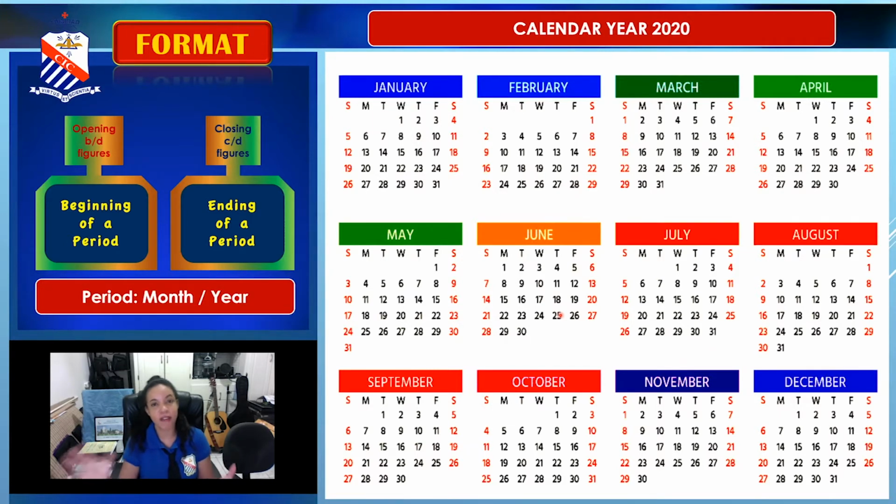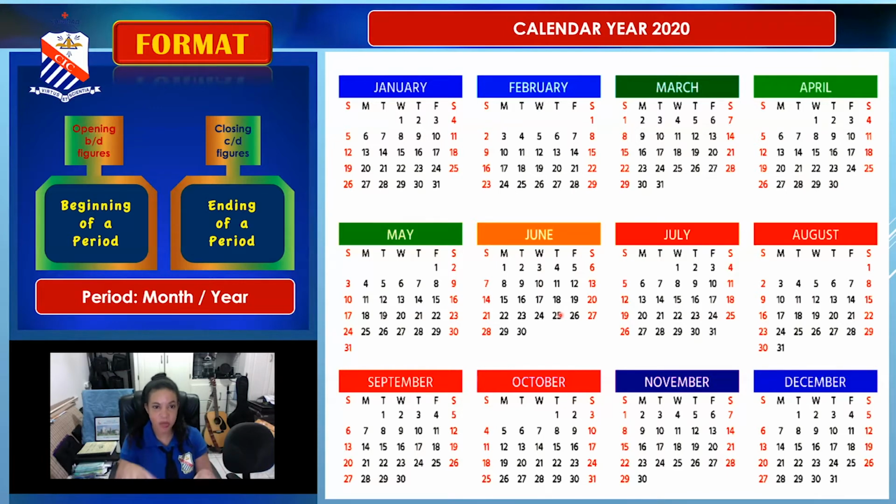So you're going to have to learn how to work out beginning periods and ending periods if they don't do it as simply as a calendar year, which is January to December. Right? If the accounting period starts somewhere in between the year, that means it's going to end somewhere in between in the following year. 1st of September to 31st of August for the following year.